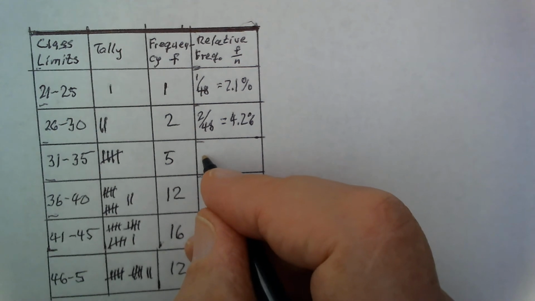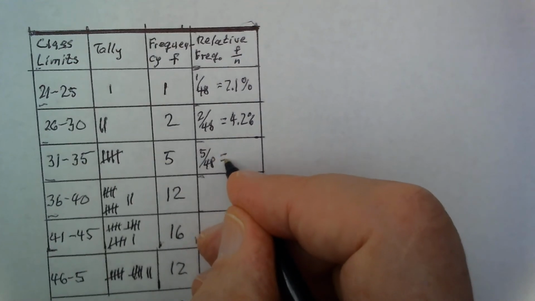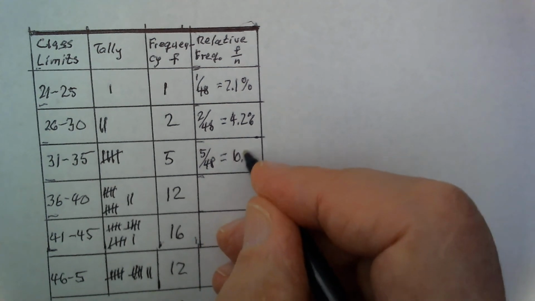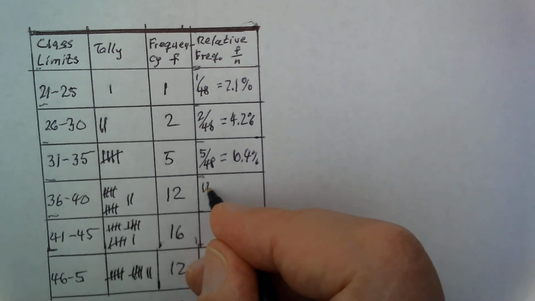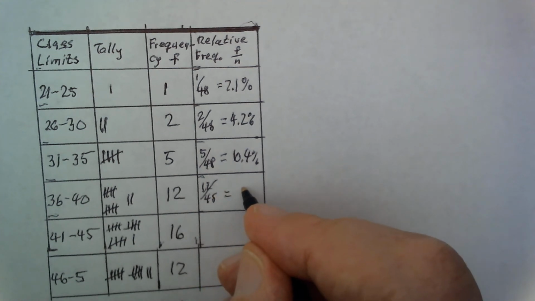And then 5 divided by 48, that's equal to 10.4%. And 12 divided by 48, now that's equal to 0.25, or 25% rather.